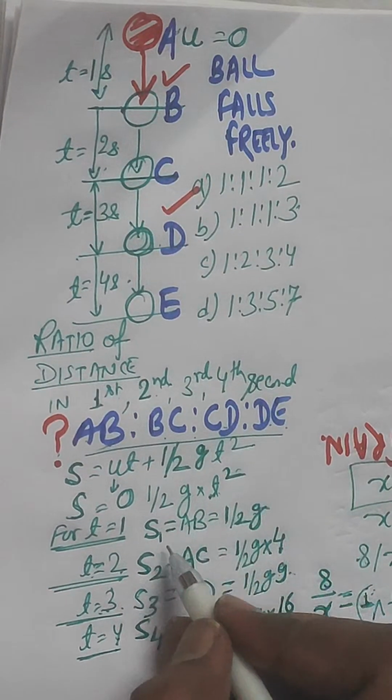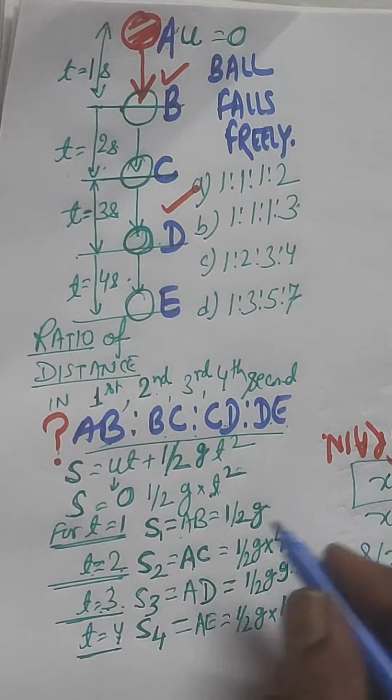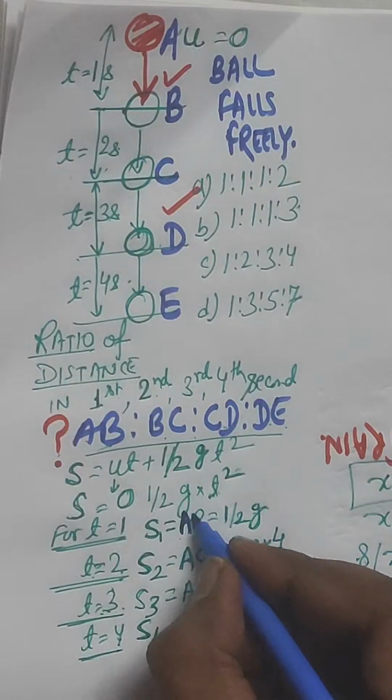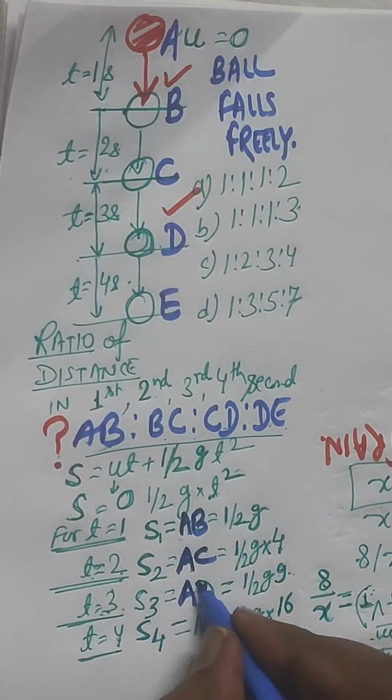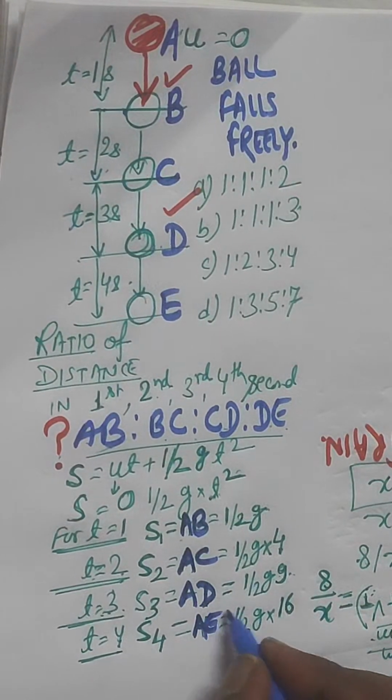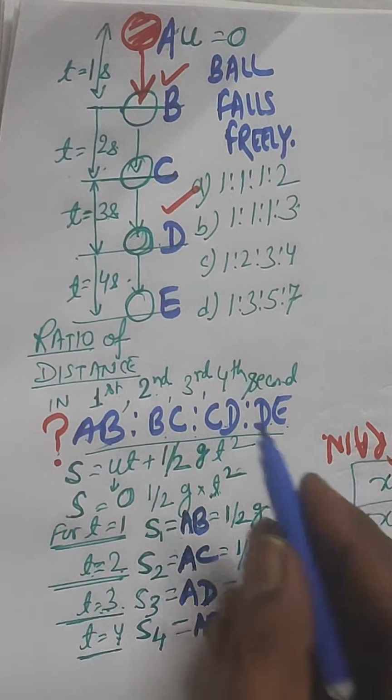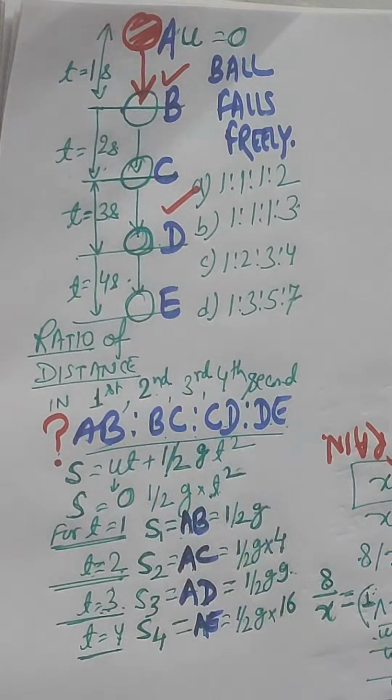So here we have calculated AB, then AC, then AD, and then AE, right? But we have to calculate AB, BC, CD, DE.